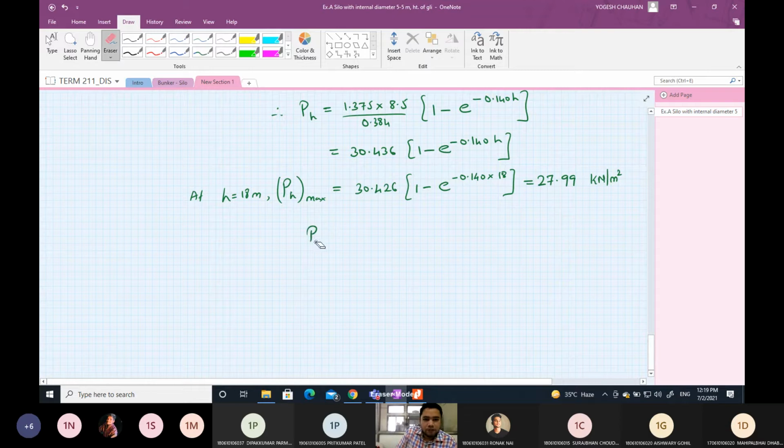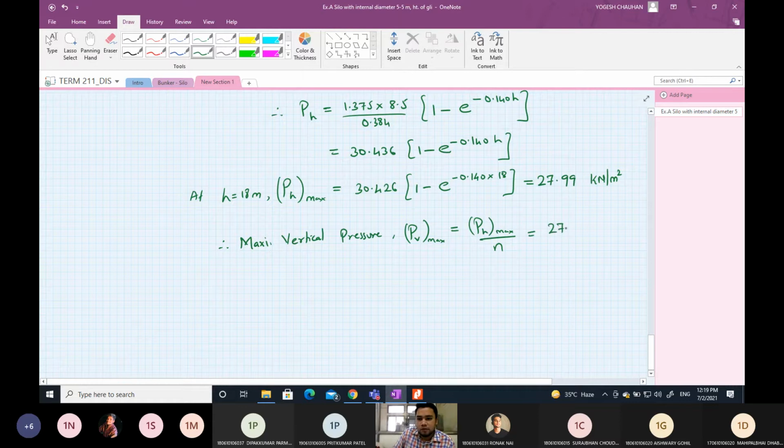So maximum vertical pressure PV max will be equal to pH max divided by N. So that will be 27.99 divided by 0.5.